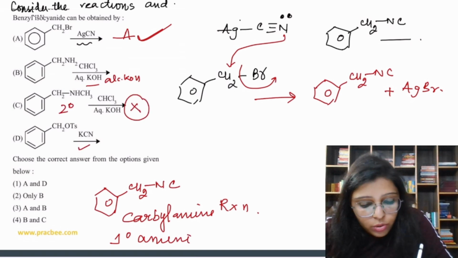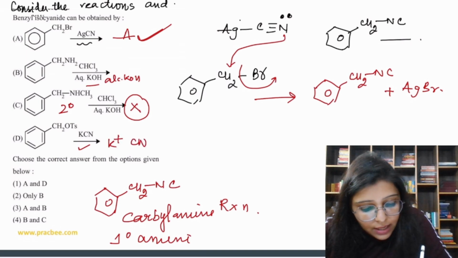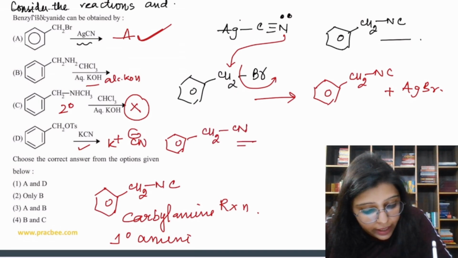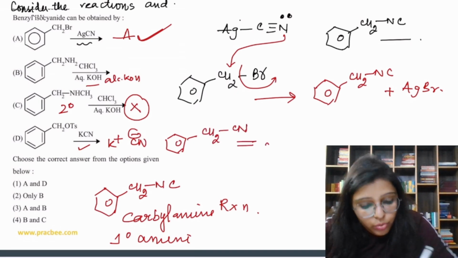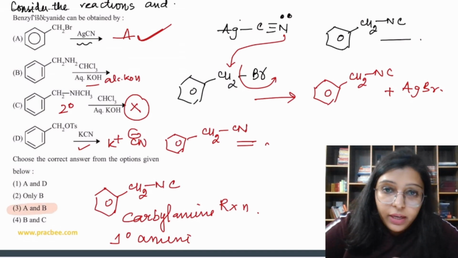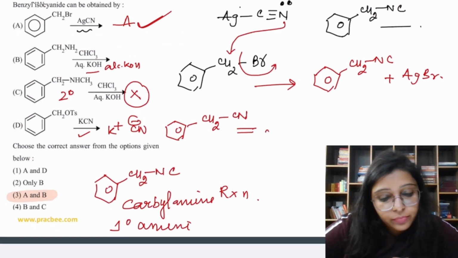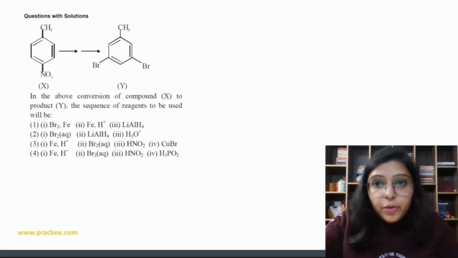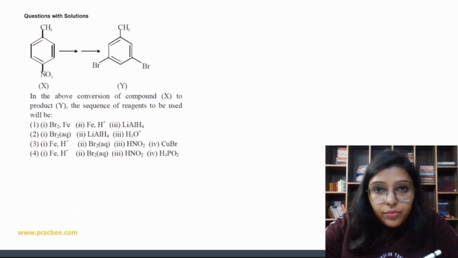For KCN, we can do nucleophilic substitution, but here carbon is going to attack, so we get cyanide. So the answer is going to be A and B. We will look for the options. Now, next question. In the above conversion of compound X to product Y, what sequence of reagents is to be used?